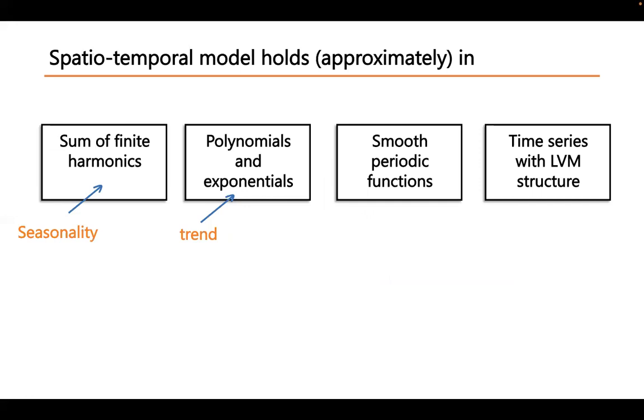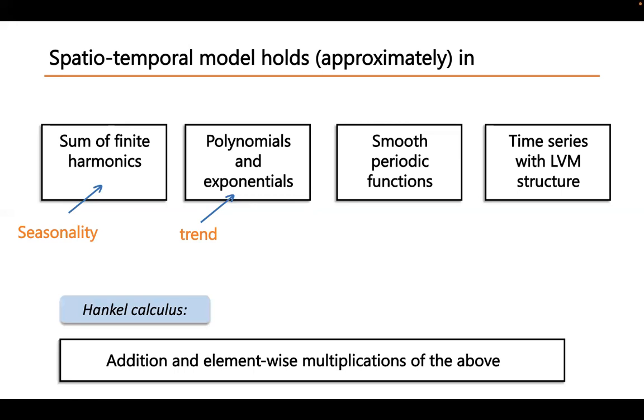For example, any sum of finite harmonics, which captures, say, seasonality, any polynomials and exponentials, any smooth periodic function, so any differentiable periodic function, or any time series structure with a latent variable model structure. Further, we establish a Hankel calculus that says that this low rank structure is closed under addition and element-wise multiplication. So it really is a very rich collection of time series that satisfy the spatiotemporal model.